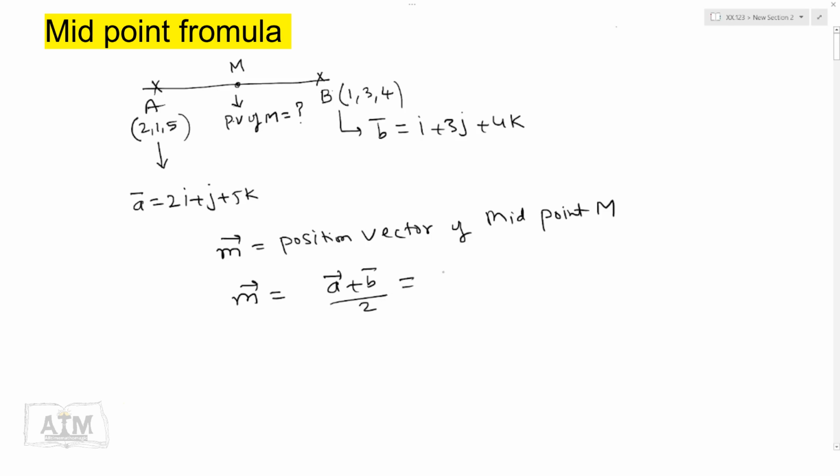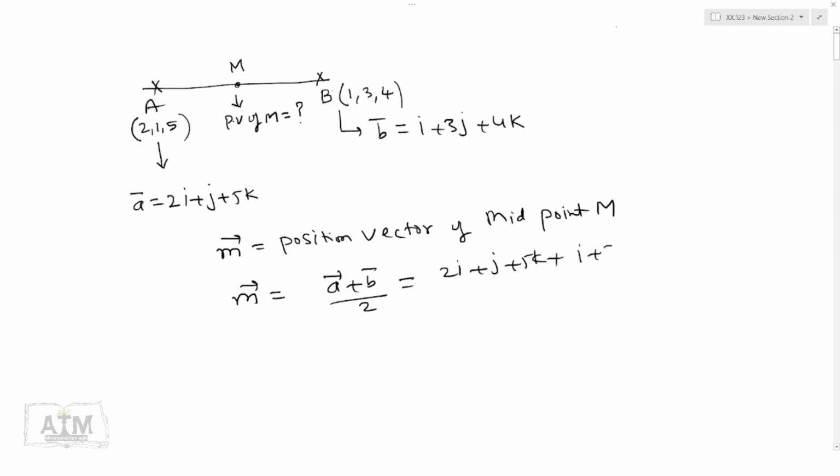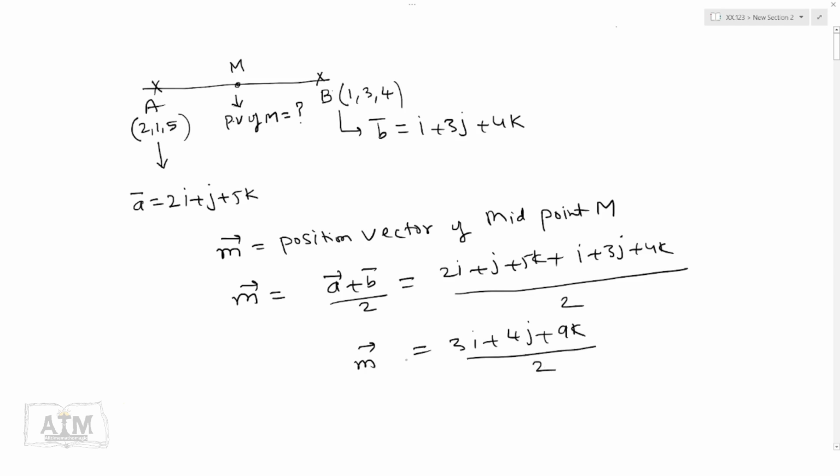That is, vector A is 2i plus j plus 5k, and vector B is i plus 3j plus 4k, divided by 2. So that is equal to 3i plus 4j plus 9k upon 2. This is the position vector of the midpoint. In this way we can find the position vector of the midpoint. It's quite easy.